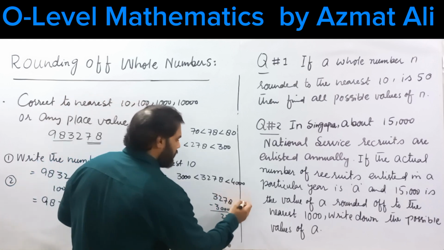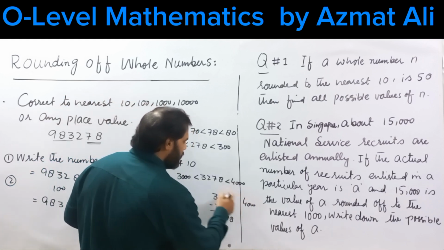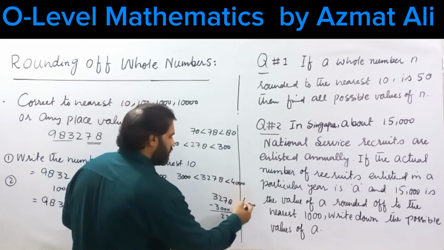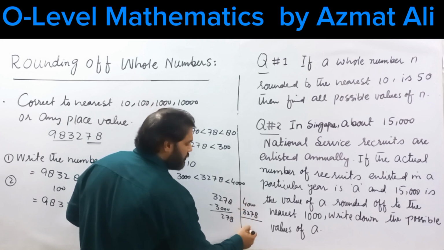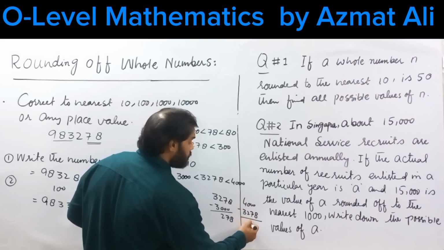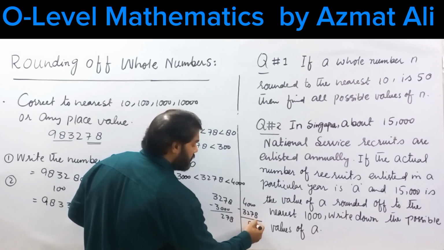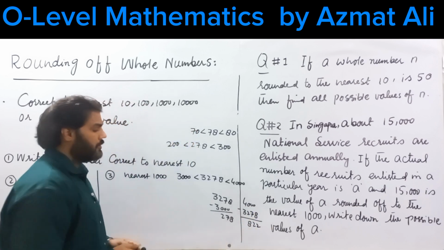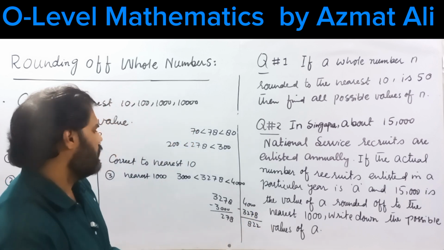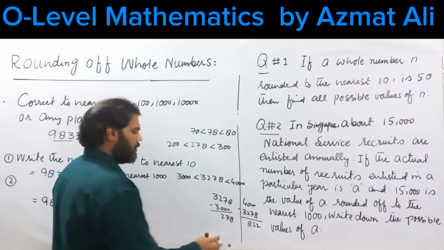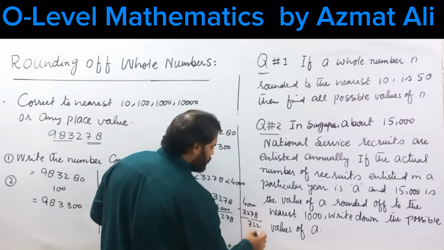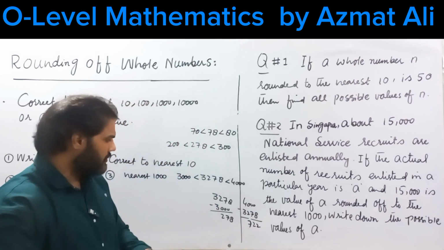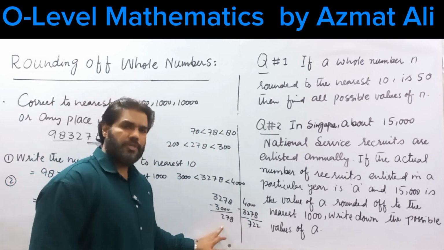Whereas when you subtract this number 8278 from 9000, your answer will be 722, which is bigger than 278.